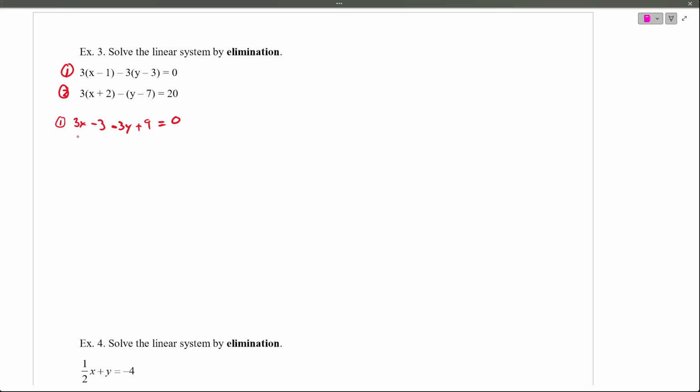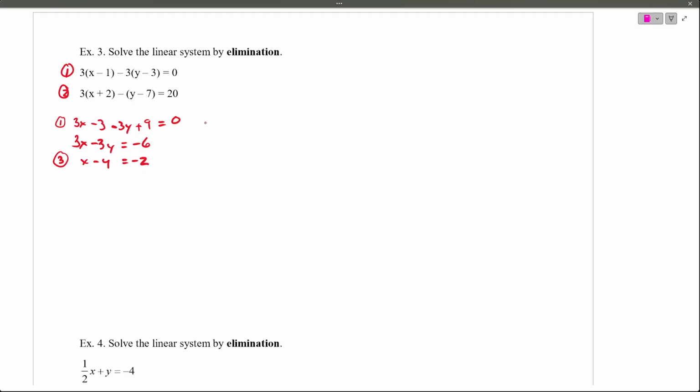So that means we have 3x minus 3y. And on the other side, we're going to end up with negative 9 plus 3 is going to give us negative 6. Now we can simplify this further. There's no reason why we can't just divide the whole equation by 3, which means we end up with x minus y is equal to negative 2. We're going to call this equation 3.